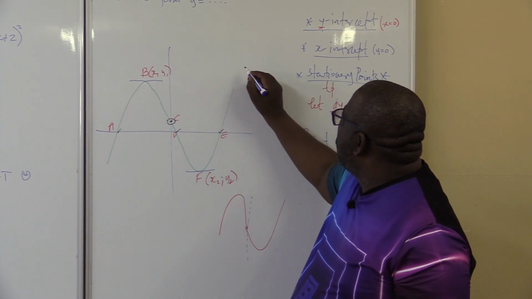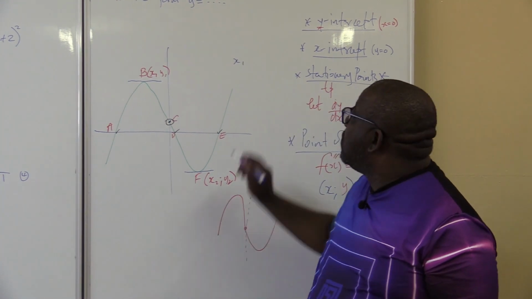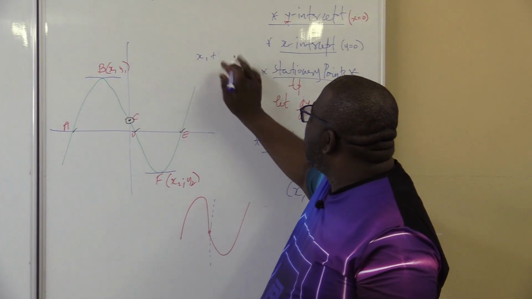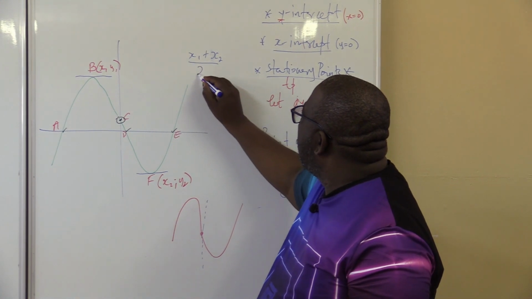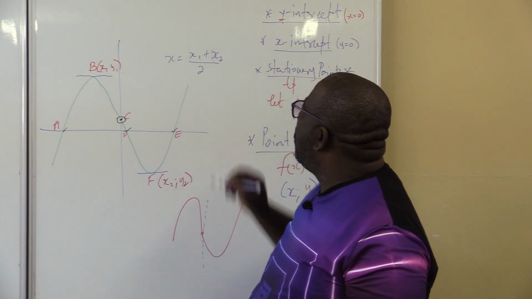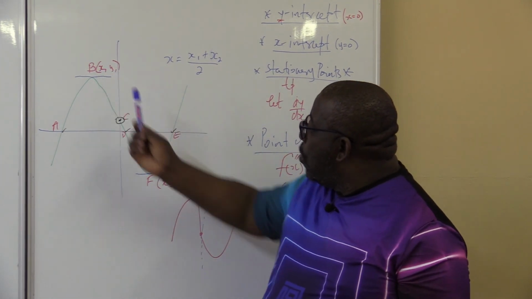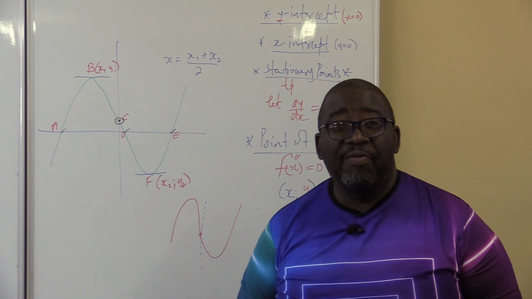You take this x, which is x1, you add it to this x, which is x2, then you divide it by 2. This is how you find the x of the point of inflection.